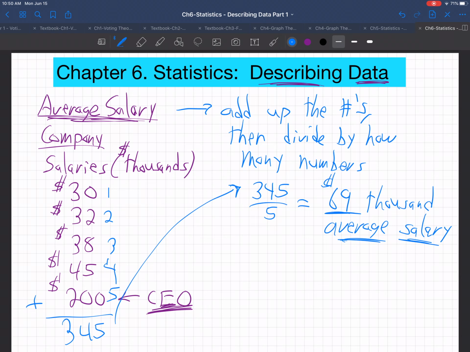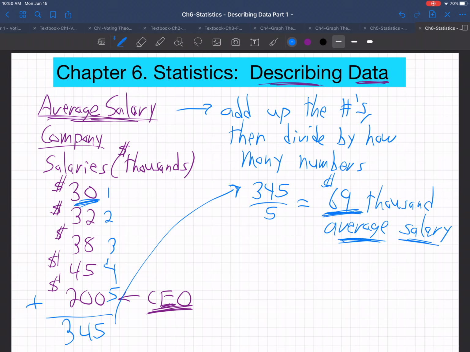Isn't that what average is supposed to do? You might be thinking, oh, okay, so if I go to work for this company, not right away, right? The brand new employees, they make less and they get raises over time. But after a long time, the typical salary at this company is about $69,000 because they told me that's the average salary. So I can expect to make, over time, about $69,000.